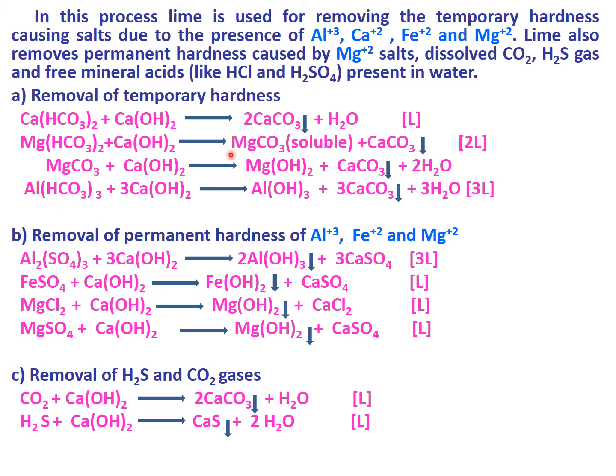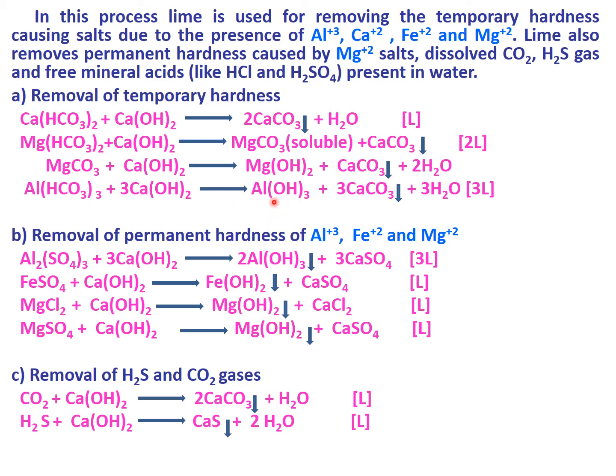Now this magnesium carbonate, a new temporary hardness causing salt, reacts with 1 more mole of lime and makes magnesium hydroxide as a precipitate, plus calcium carbonate, plus 2H2O. Similarly, in the case of aluminium bicarbonate, it requires 3 moles of calcium hydroxide or lime.